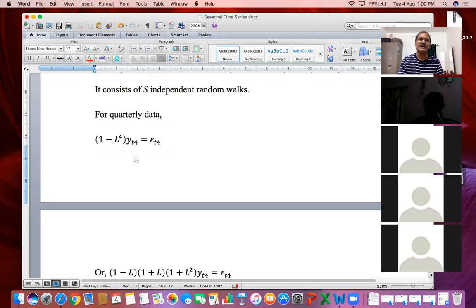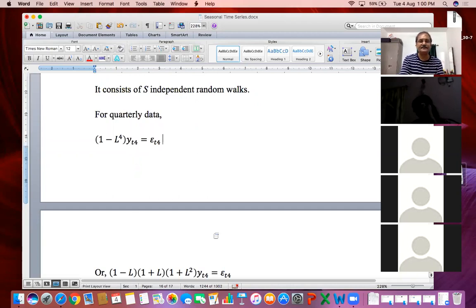For monthly data, you have 12. So as you move into higher frequency, the number of roots will be more, and in that case you have several possibilities as far as the unit root behavior is concerned.